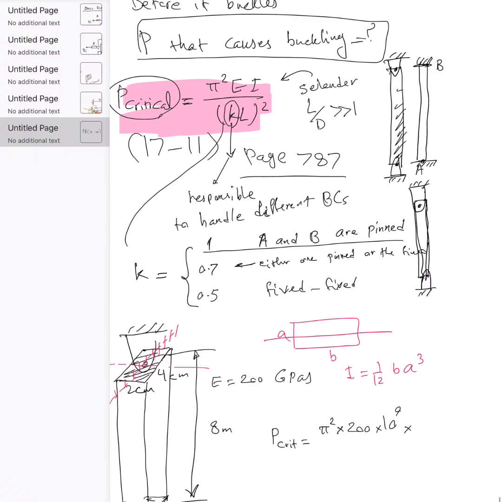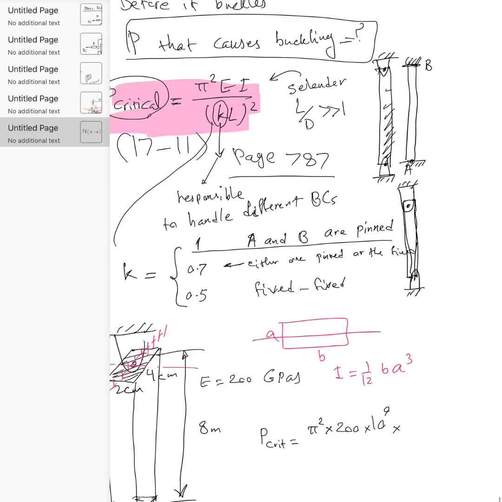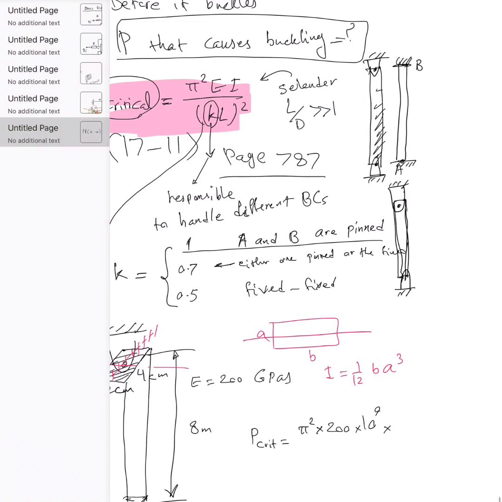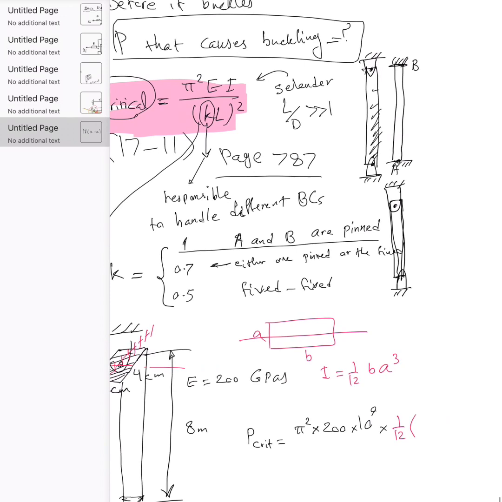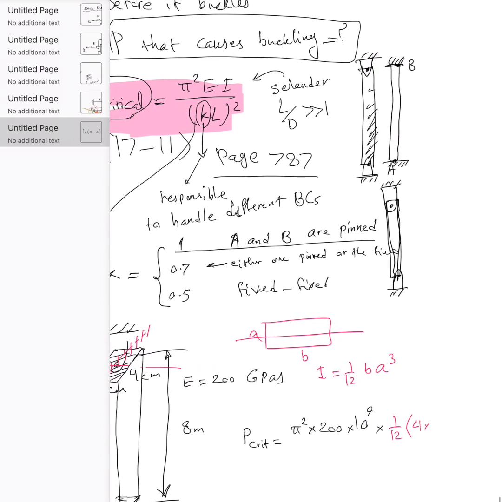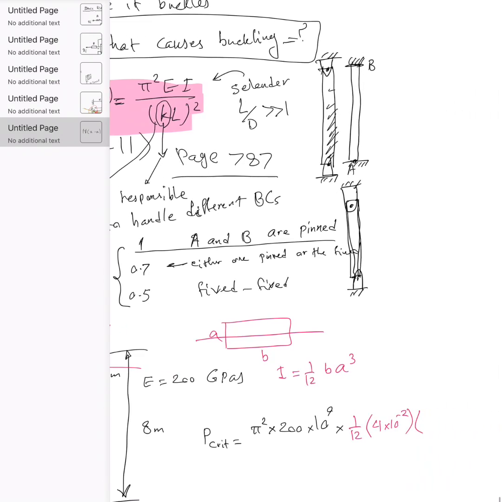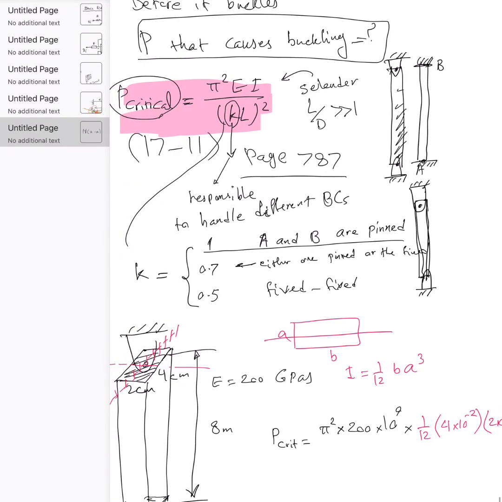For this rectangle, I is 1/12 B times A cubed, right? So the smaller one is obviously this axis. Instead of I in the equation, you put 1/12 times 4 times 10 to the negative 2, times the height 2 times 10 to the negative 2, cubed.